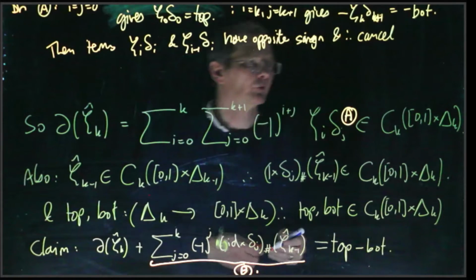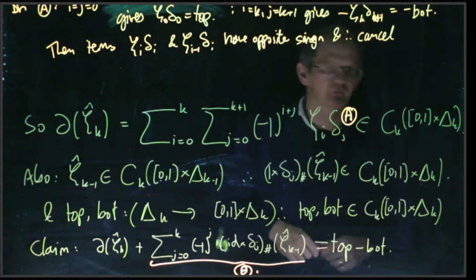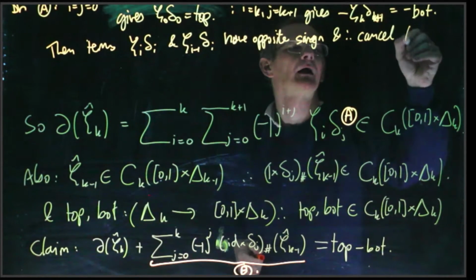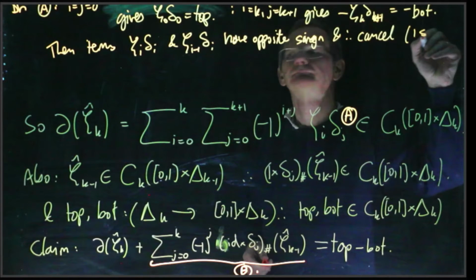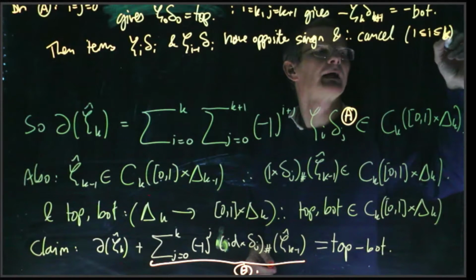And they therefore cancel, because these two maps are actually the same map, as we proved in the last video. And so that's valid for i running from 1 up to k.